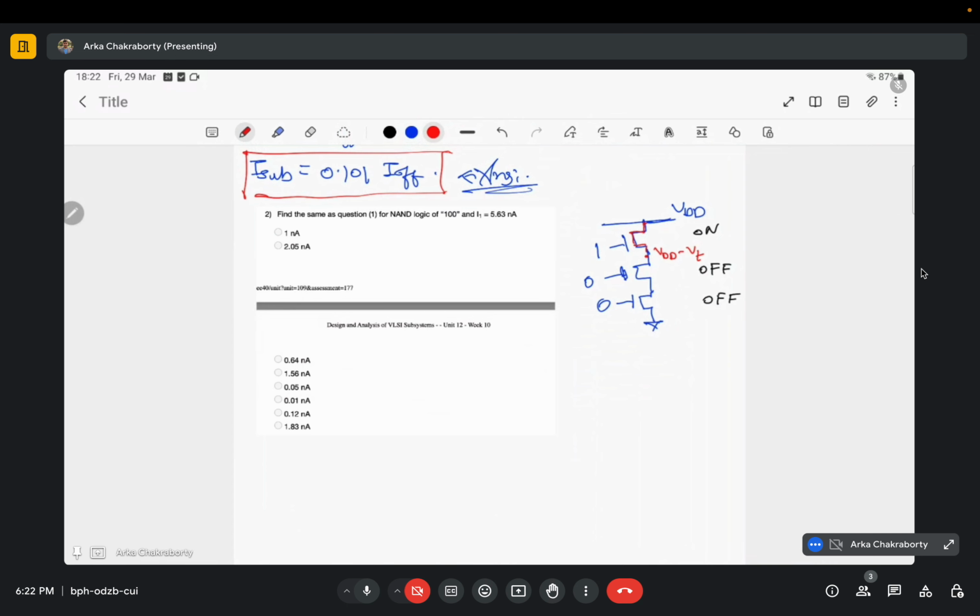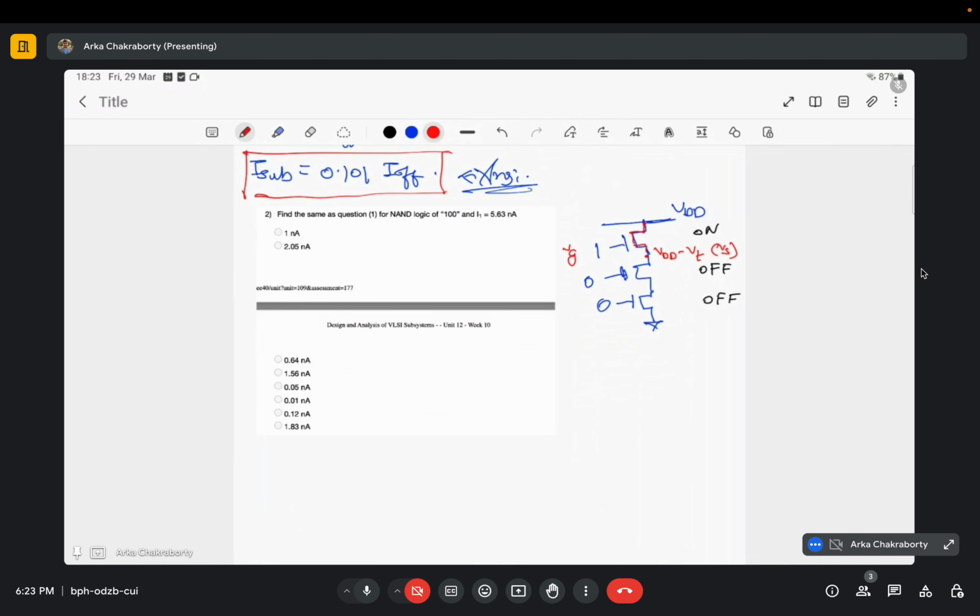Once VGS reaches VDD minus VT, and Vs tries to overcome this value, VGS minus VT becomes negative, so my transistor will turn off and it won't charge the output capacitor. So my maximum voltage is VDD minus VT.